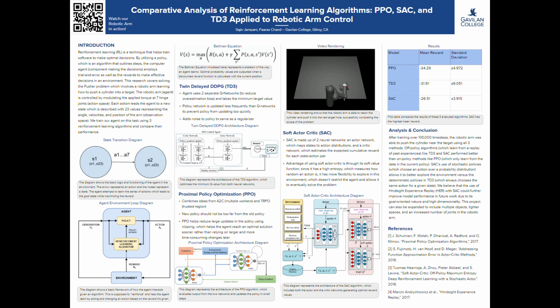The third and final algorithm that we're covering is the soft actor critic, also known as SAC. SAC is very similar to TD3 and PPO in the sense that it has the actor and critic network. However, it is more probability based as it's a stochastic process, and also has a high entropy, known for its randomness.